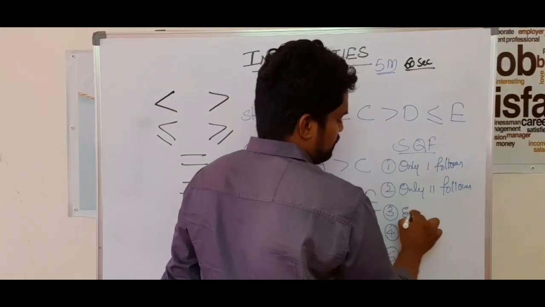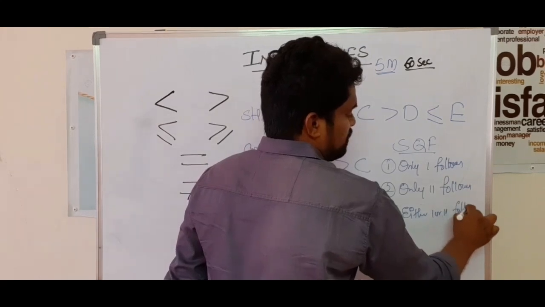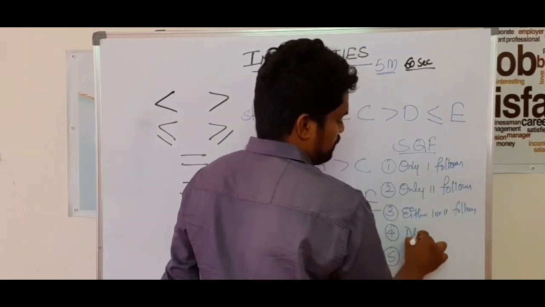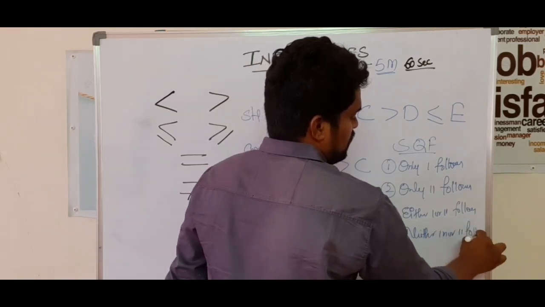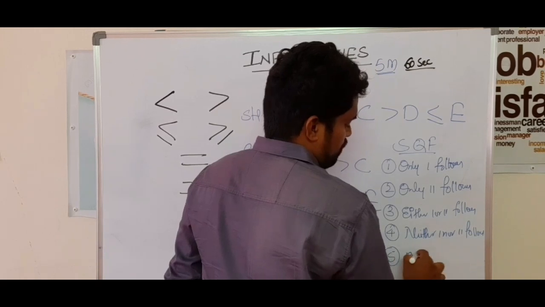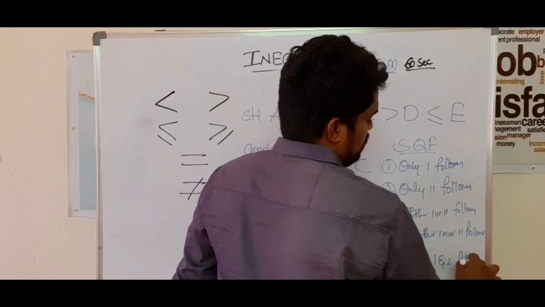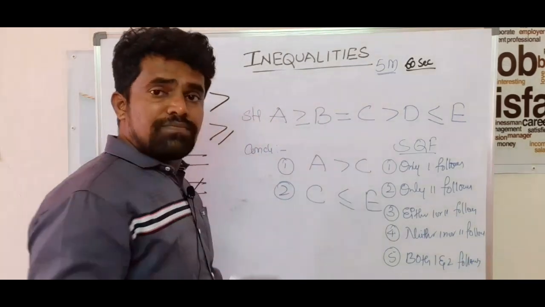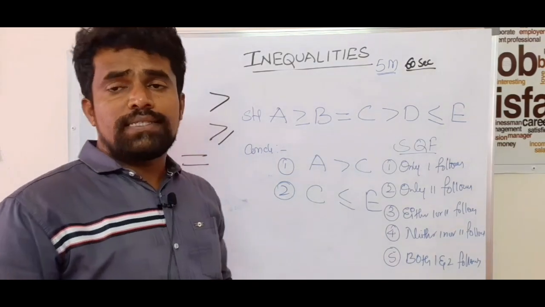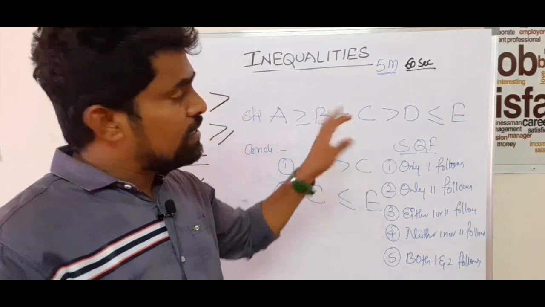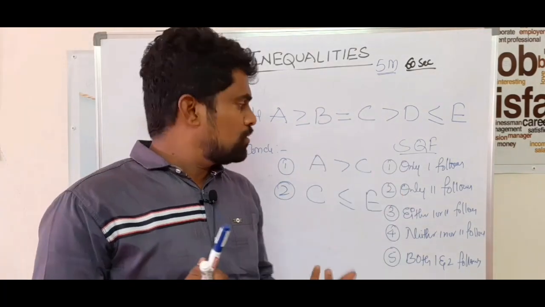Option number 3, either 1 or 2 follows. Option number 4, neither 1 nor 2 follows. Option number 5, both 1 and 2 follow. So this is your SQF. Each and everyone must and should know the SQF. Not only in inequalities, it comes in syllogism, and in logical reasoning it may also repeat. So it is very important that students should know that.